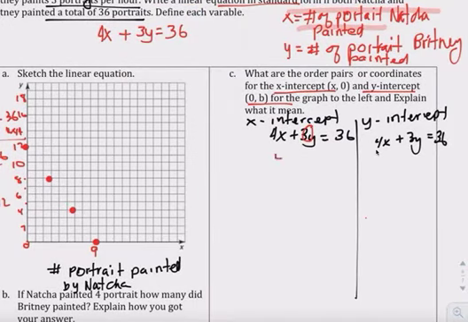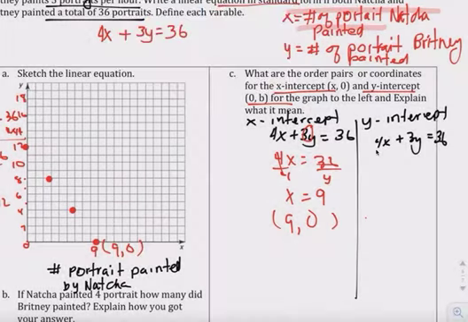So you get 4x equals 36. So 9, 0 is the x-intercept. Look, 9, 0. The y-intercept, x is 0. Oh, sorry. X is 0. So you got 3y equals 36. Divide by 3. Y equals 12.